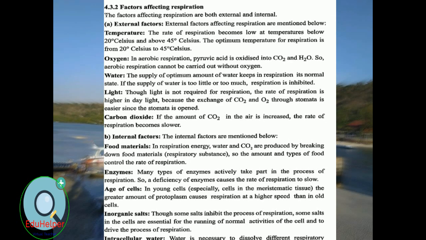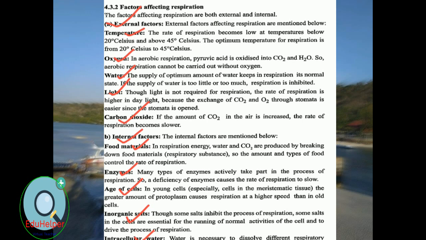Okay, now I'm going to describe the factors affecting respiration. There are two kinds of factors: first of all, external factors, and another one is internal factors. Now I will describe what the internal factors and external factors are. First, external factors. Temperature is one of them.